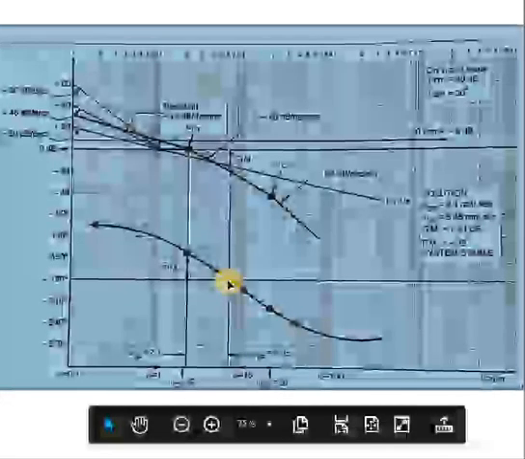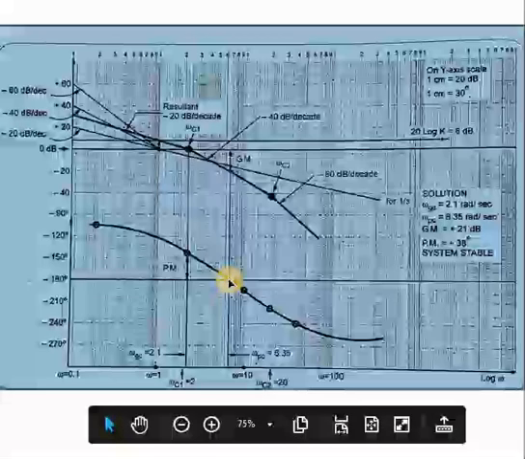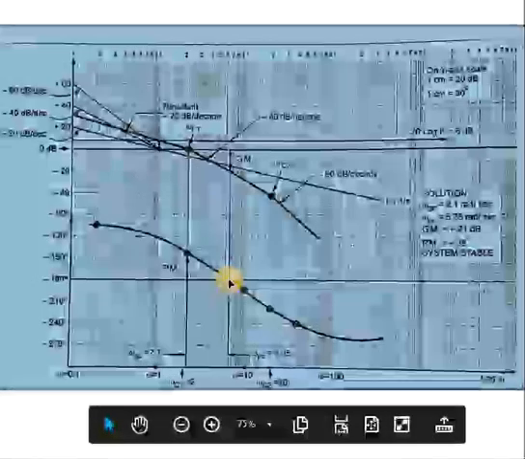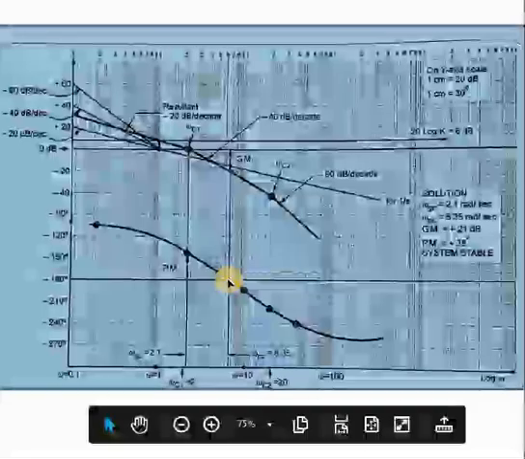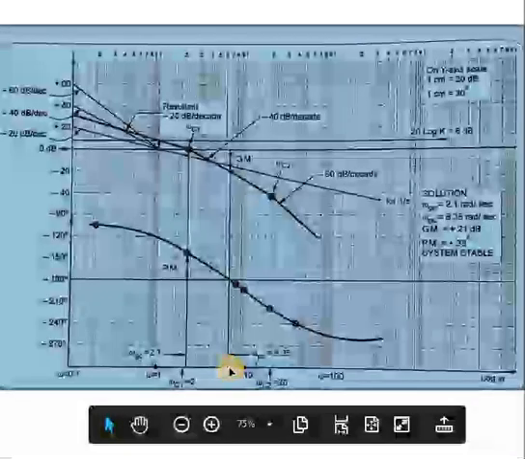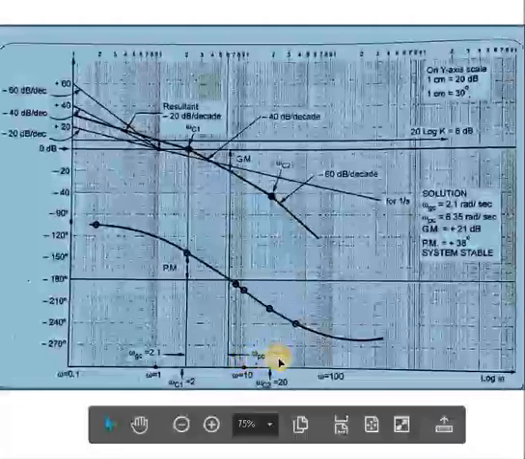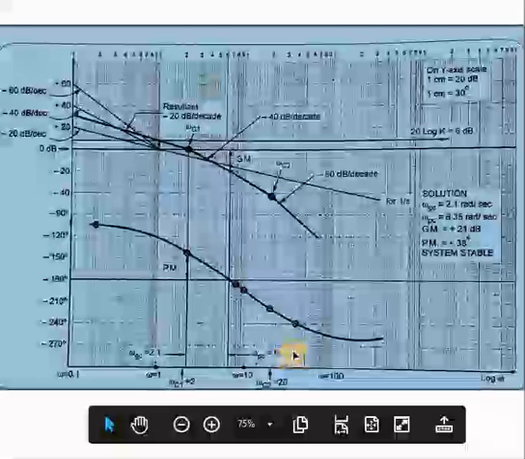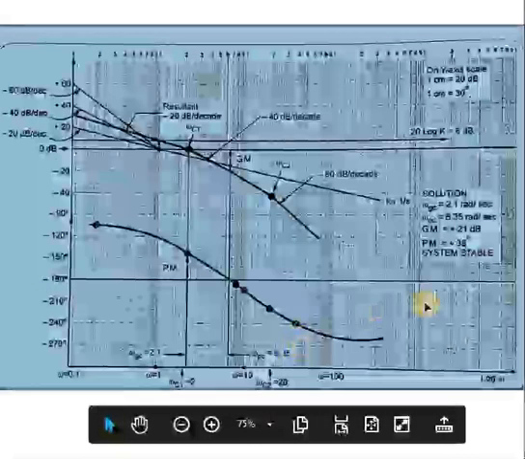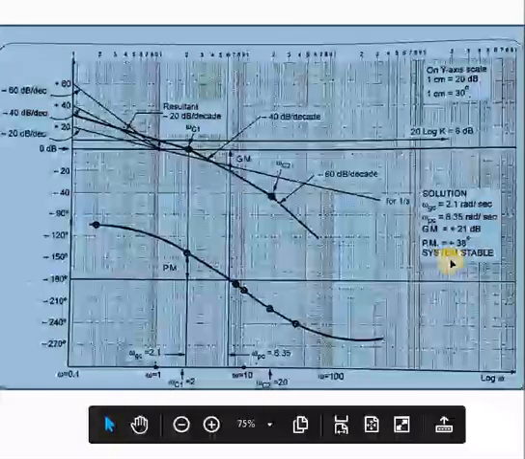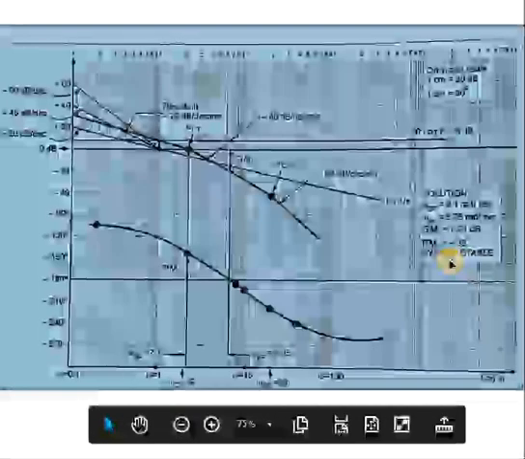Similarly, from the intersection of the minus 180 degree line with the phase plot, draw a line up to the x-axis, and this value of omega will be the phase crossover frequency, that is 6.35 radian per second. And here we can say that the system is stable because the gain margin is positive.